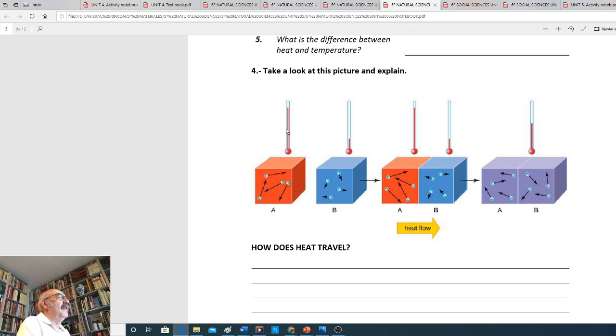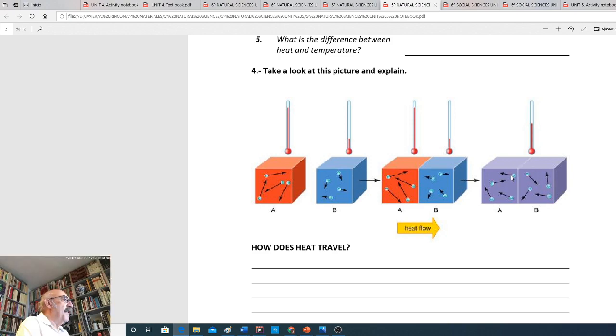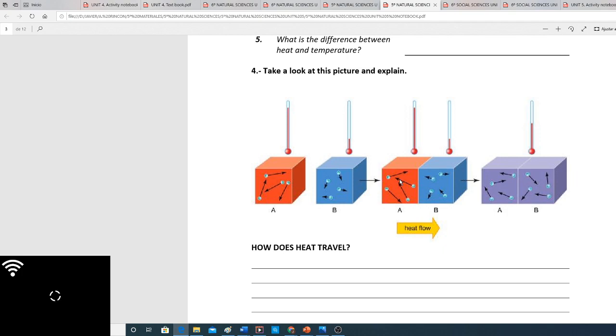You can see the thermometer here. This is high, this is low. Then in the first step they are in contact, and as a result the heat from the red object transfers to the blue object, and the whole system reaches an equilibrium. But remember, it's the hot that goes to the other part, not the other way around.